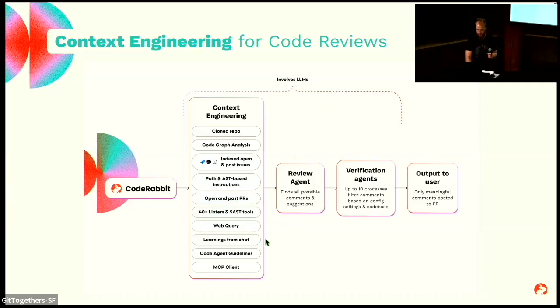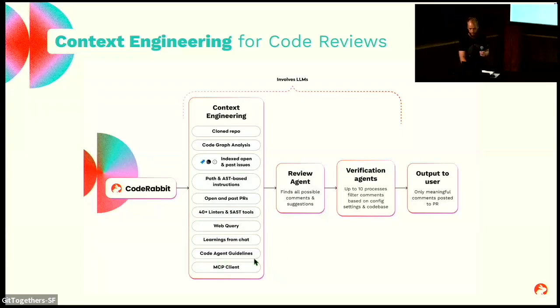And past learnings, which is our knowledge base. You just chat with CodeRabbit on a PR and teach it something, and it stores that in a VectorDB, then pulls up the relevant learnings during PR review and PR chat as well.